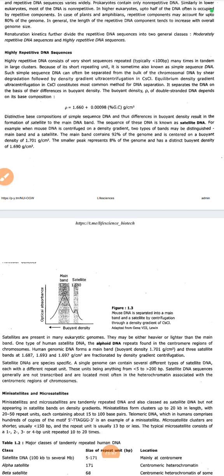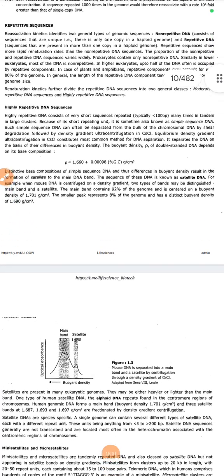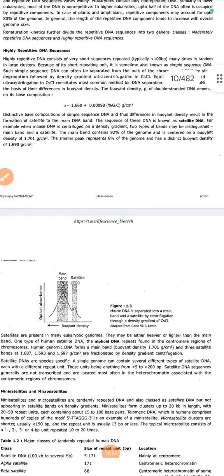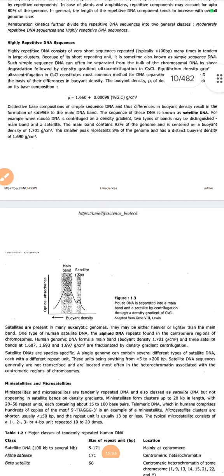How do we understand satellite DNA? For example, when mouse DNA is centrifuged on a density gradient, two types of band are distinguished: the main band and the satellite band. The main band is 92% of the genome, centered on the buoyant density of 1.7, and there is a smaller peak which represents 8% of the genome, with a distinct buoyant density of 1.69, a little lesser than the main band.